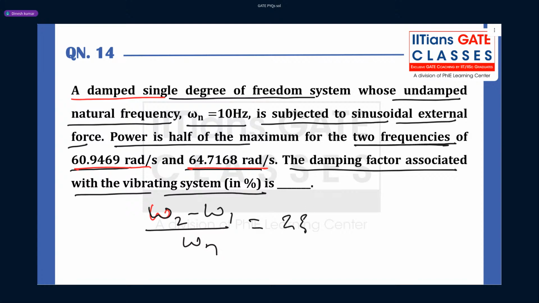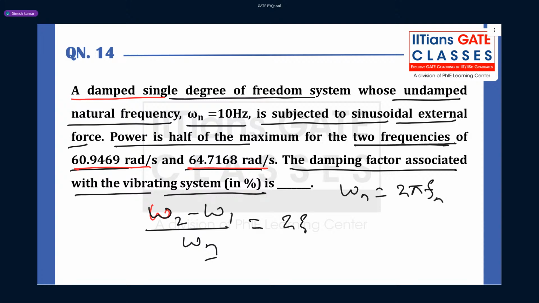Now, in the given problem, they gave omega 1 and omega 2 in radian per second, but they gave omega n in hertz. So first we need to find omega n, which is 2 pi fn.